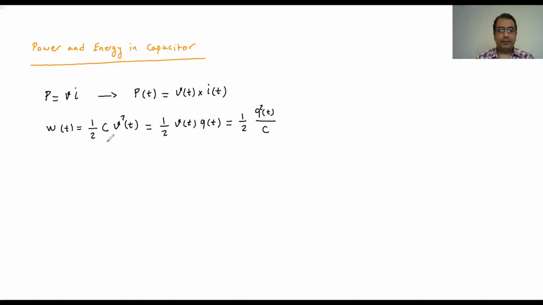If you have C and V, use the first one. If you have V and Q, use the second one. If you have Q and C, use the third one. But for the power, that's it. It's always V times I, and that is what we use for calculating the power.